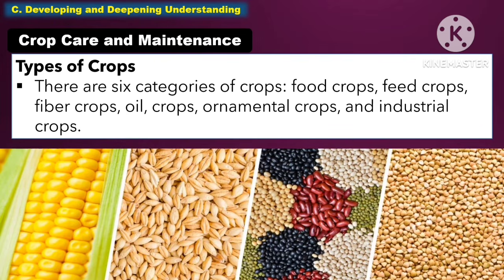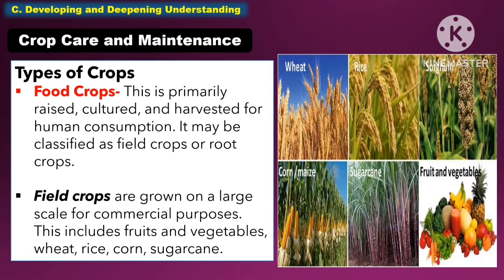There are six categories of crops: the food crops, feed crops, fiber crops, oil crops, ornamental crops, and industrial crops. Food crops are primarily raised, cultured, and harvested for human consumption. It may be classified as field crops or root crops.